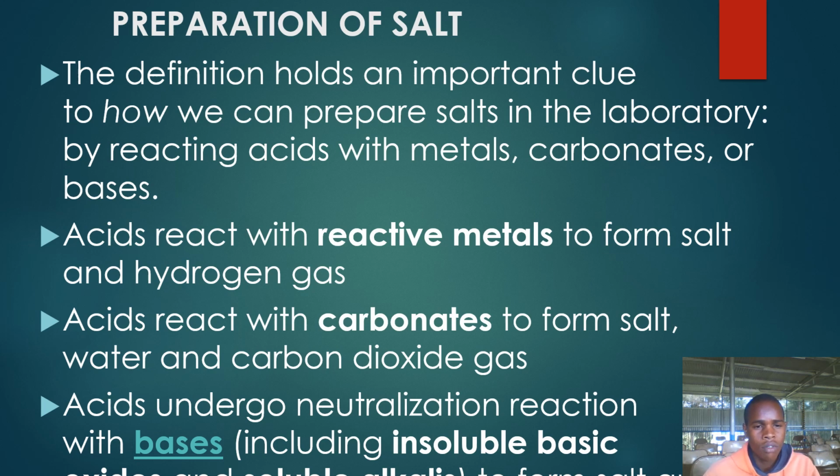That is a reaction of an acid and a reactive metal, that is zinc. Zinc is reacted in excess, and the reaction of acid in excess is to ensure that all the acid reacts completely.